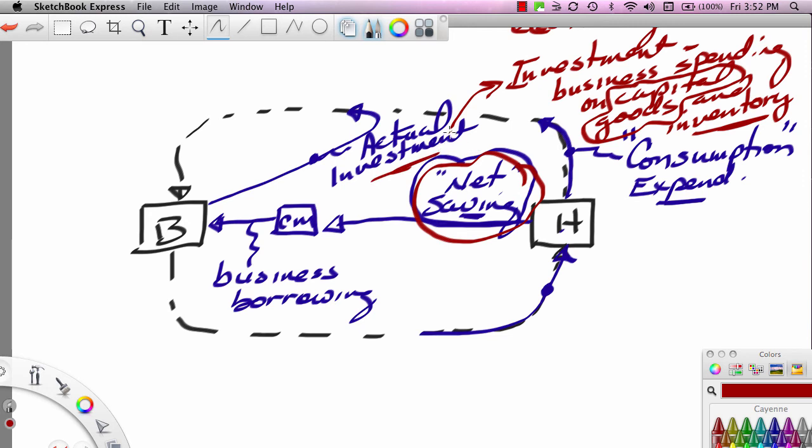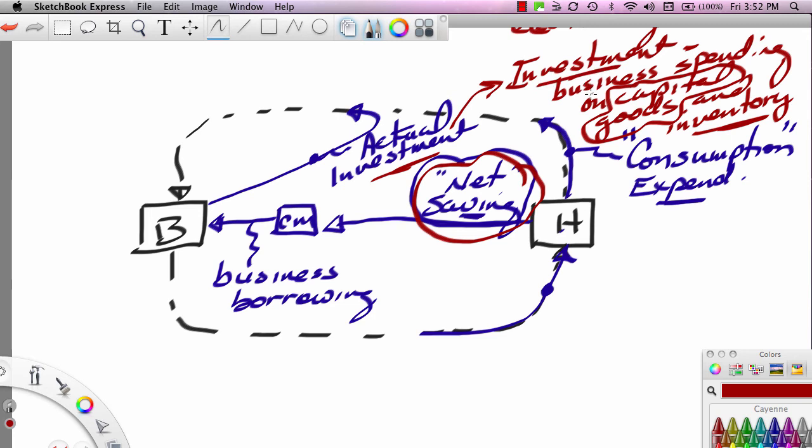The purpose of investment is to increase the firm's productivity and allow it to produce more output. Remember what capital is. It's a human-made resource used to produce goods and services. Okay? So that's what we're talking about.